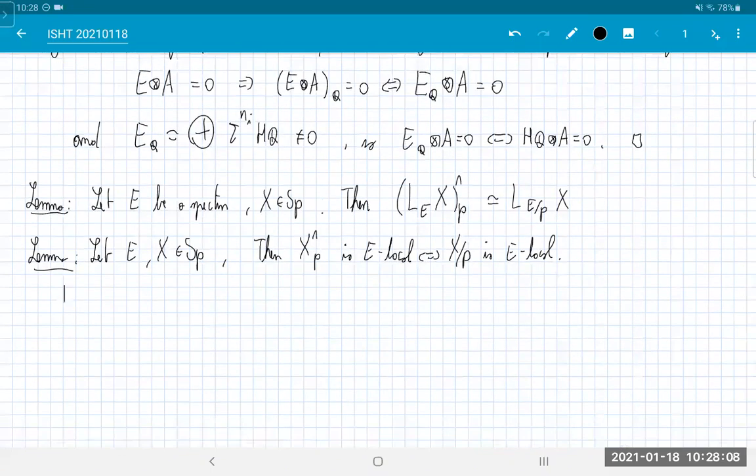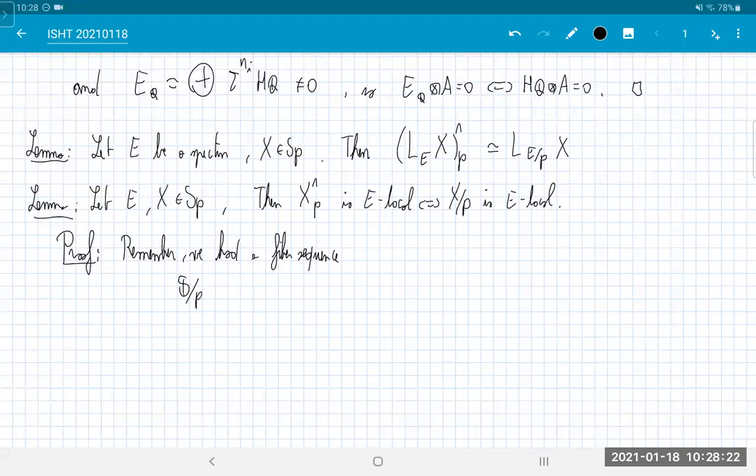The proof is actually easy. Remember, we had a fiber sequence: S mod p to S mod p^(n+1) to S mod p^n, say S mod p^(n-1).